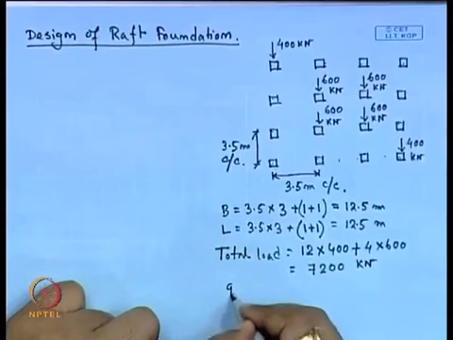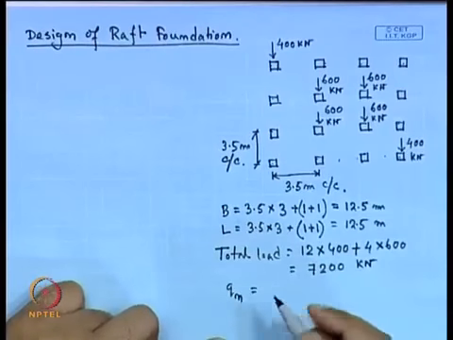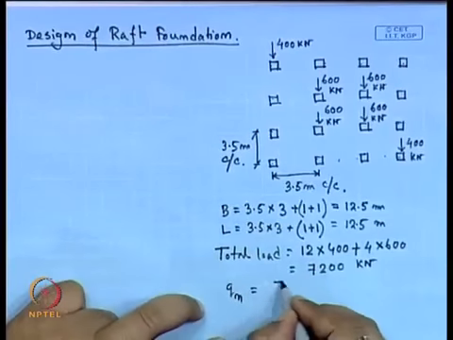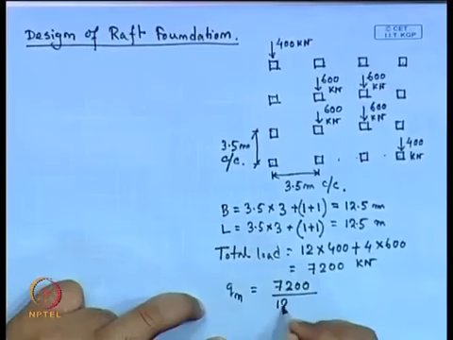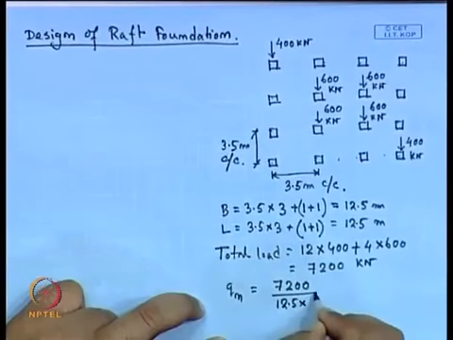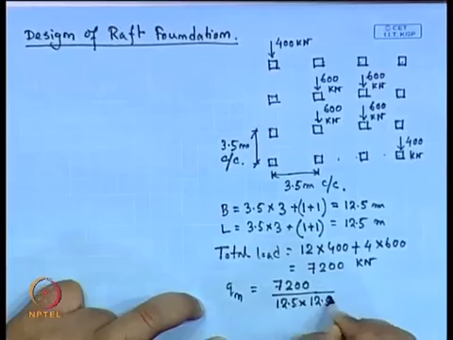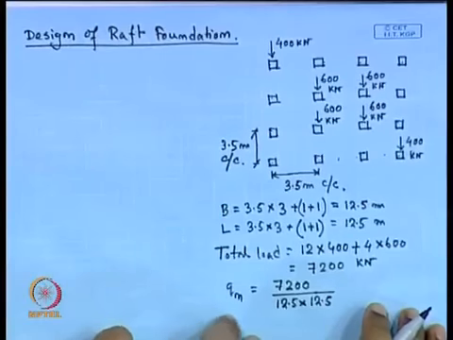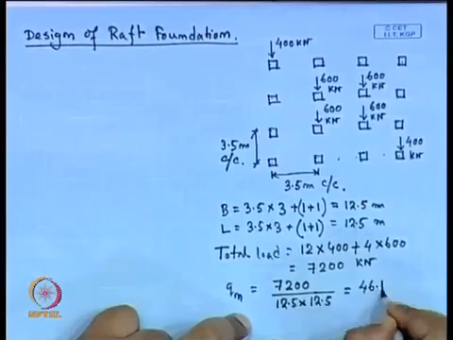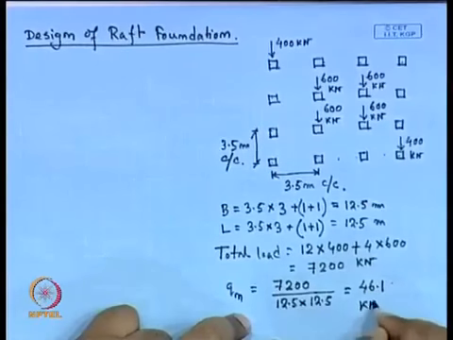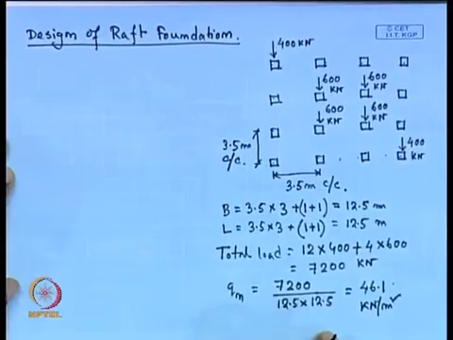So, the net load acting on this raft is 7200 divided by the area, 12.5 into 12.5, which comes to 46.1 kilonewton per meter square. So, this is the net load acting.